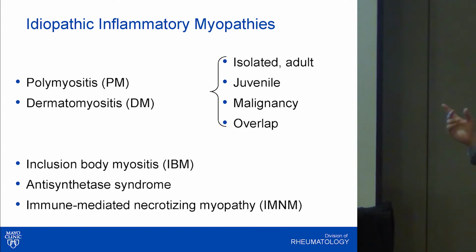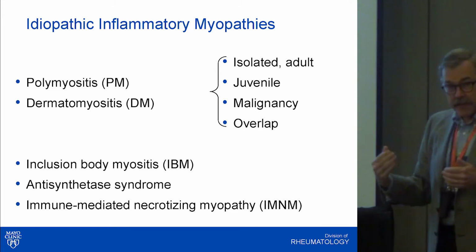And then this newly recognized one, or more recently appreciated over the past decade or so, called immune-mediated necrotizing myopathy. And in it, there's not inflammation, hence the myopathy, not myositis. But it is driven by the immune system.